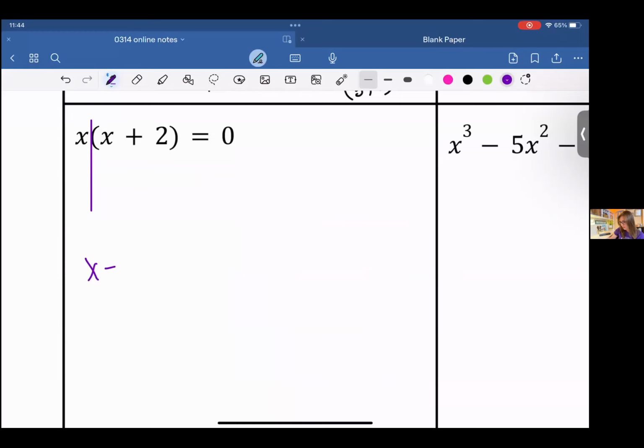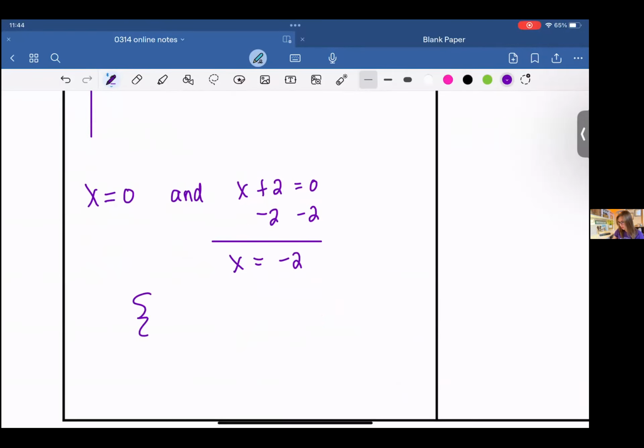So we have x equals 0 and x plus 2 equals 0. X equals 0 is already solved, so I don't really need to do anything with that one. And then we have x equals negative 2. So our two solutions are negative 2 and 0.